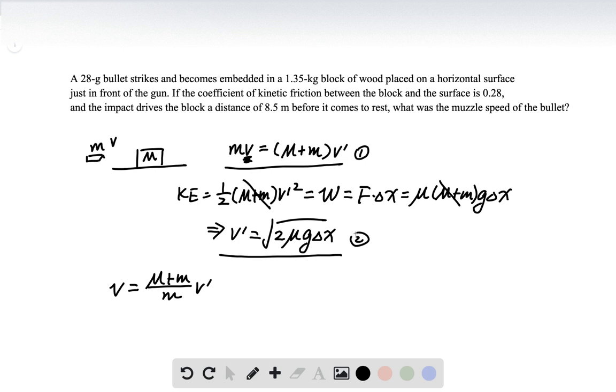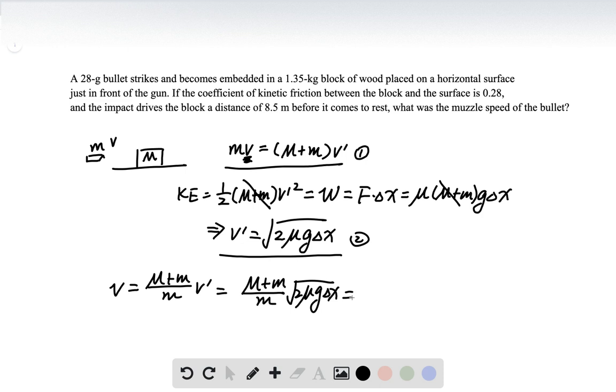And then we plug in the second equation to get rid of this v prime. So this is an expression we need in order to find the speed of the bullet.